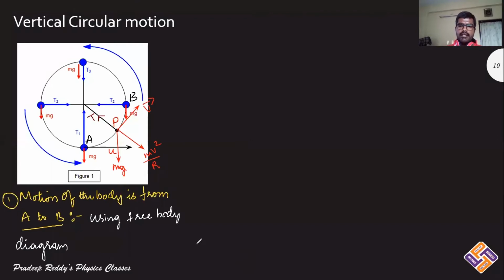Now I can write tension in the string T, which is in this direction, and this tension is making some angle theta. Okay, I'll draw that triangle separately here so that you will not have any confusion.